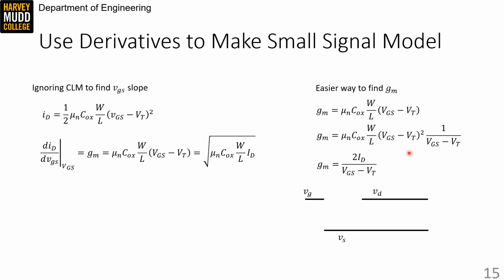This is promising because this looks almost like our drain current. So in fact, if we substitute in our drain current into this expression, we're left with this much nicer looking equation, which says that GM is equal to 2ID over the overdrive.